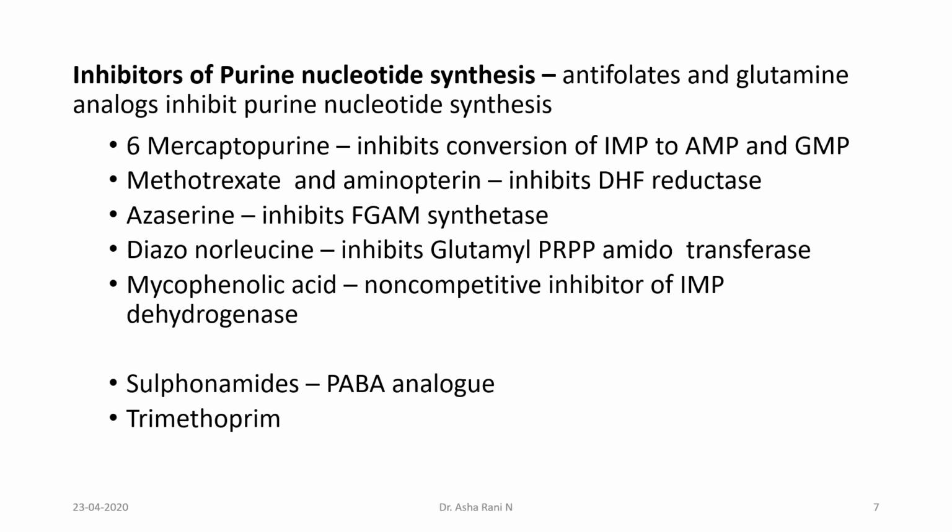Because of this property, they are used to reduce acute and chronic rejection in allograft and also in some autoimmune disorders. So the common inhibitors of purine nucleotide synthesis are 6-mercaptopurine, methotrexate, aminopterin, azathioprine, diazonorleucine, and mycophenolic acid.